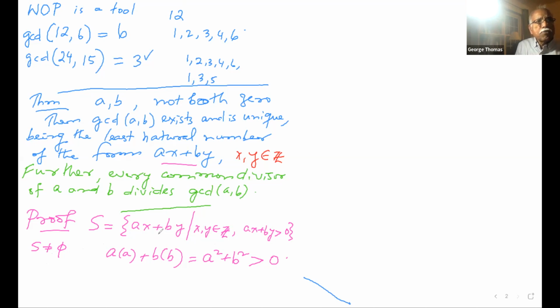Well, I will choose A itself for X and B for Y. Then I get this. Wow, that is bigger than 0. That satisfies this condition. Therefore, this element is in S, so S is not empty.